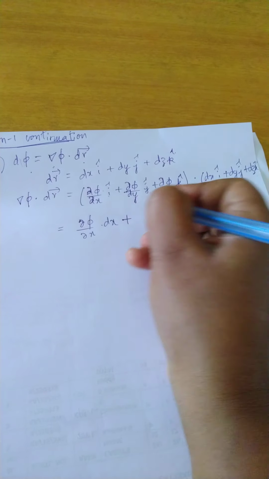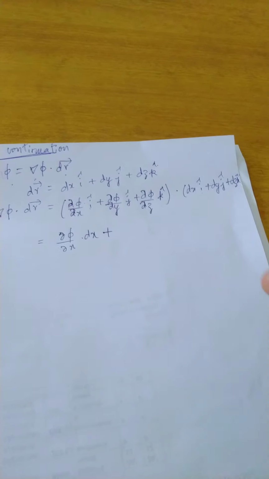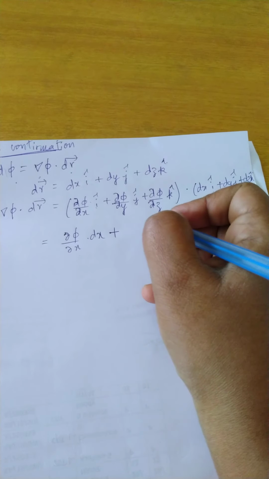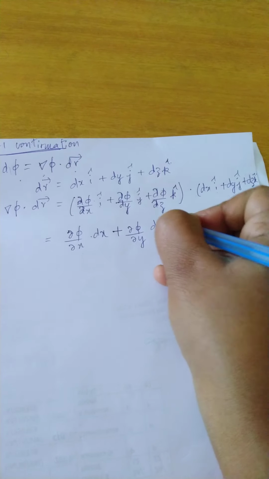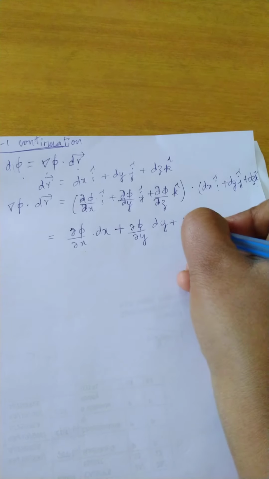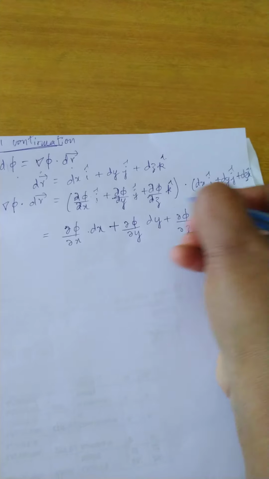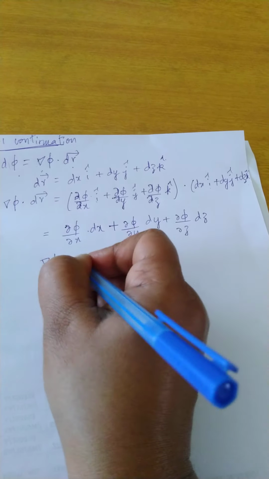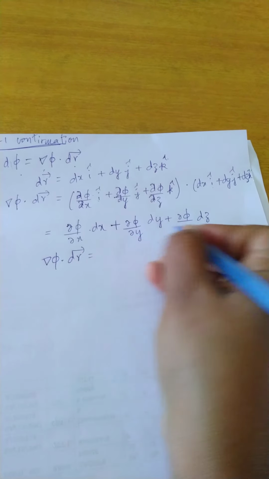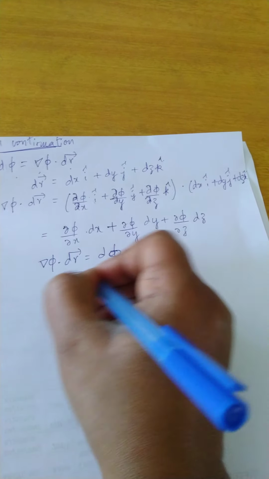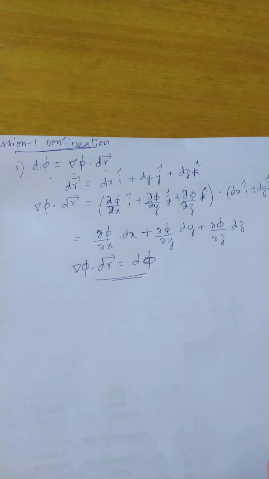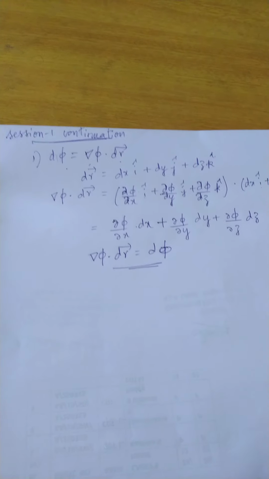We know the dot product of i, j, k. So now dou phi by dou y into dy plus dou phi by dou z into dz. So we know grad phi dot dr vector is the total derivative, therefore it is nothing but my d phi, and hence we were able to prove the first consequence.